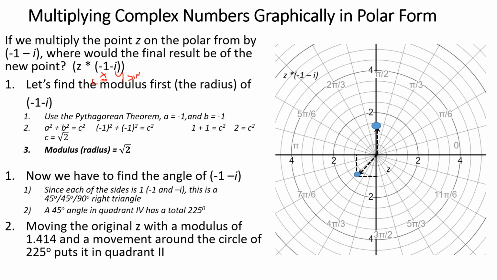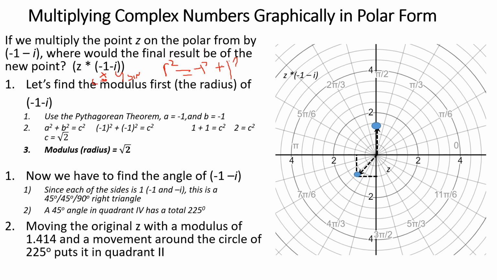So our r squared, our radius, which is the same as our z squared, or c squared, I should say, r squared equals -1 squared plus -1 squared, which is basically, when we put the numbers in, they're absolutes.